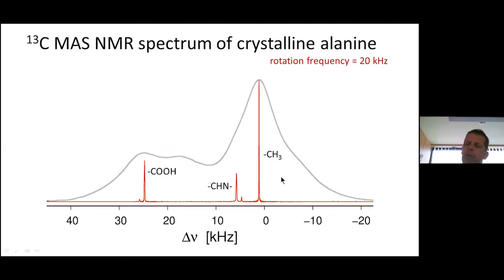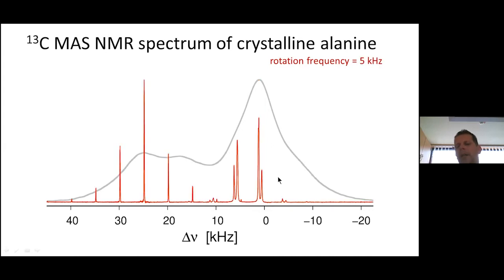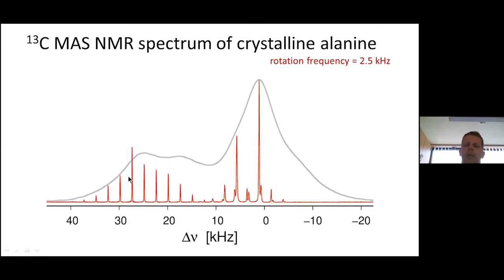If we don't spin that fast, then we will also see some additional signals in the spectrum, which are linked to the main signals. They are displaced from the main signals by a multiple of the rotation frequency. In the case that I'm showing, the rotation frequency was 2.5 kilohertz, so these signals here are displaced by 2.5 kilohertz, and these signals here again are displaced by 2.5 kilohertz.